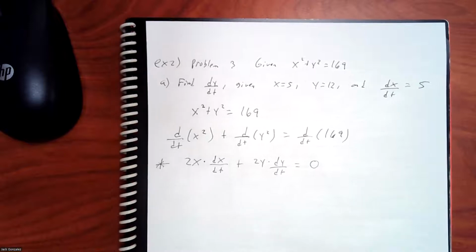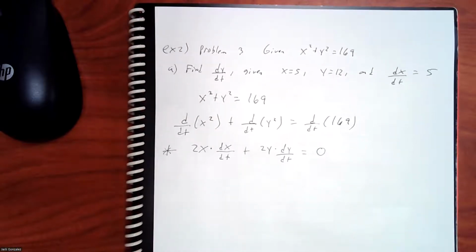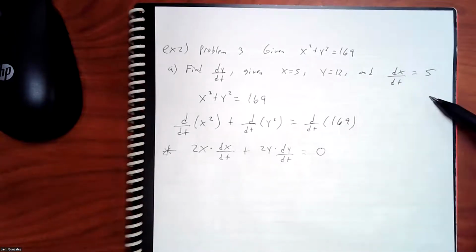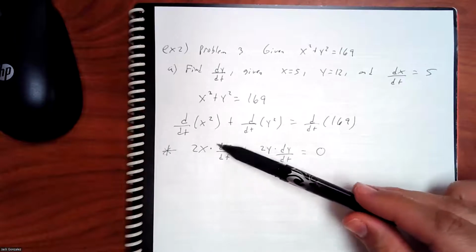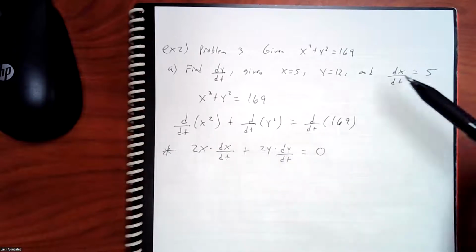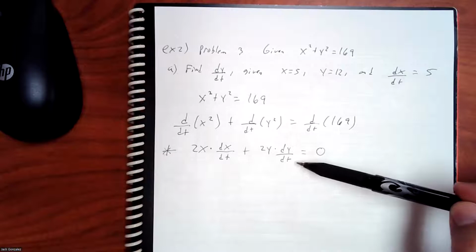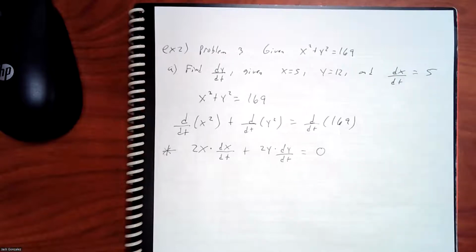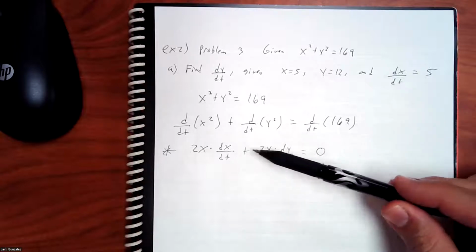Okay. You can plug in all the numbers now if you want, or you can solve for this piece first. Doesn't matter. So then we don't have to simplify it, right? We can just plug it in once we get the derivatives. Yeah, you can plug it all in right now.